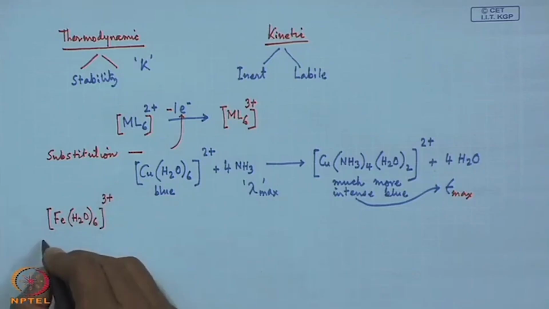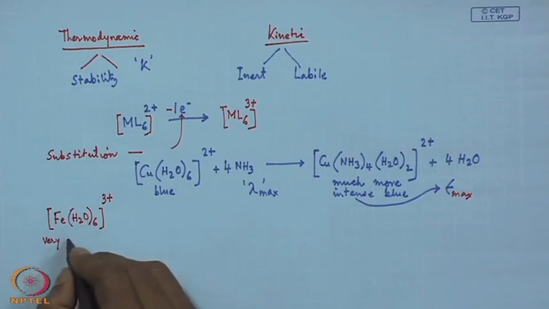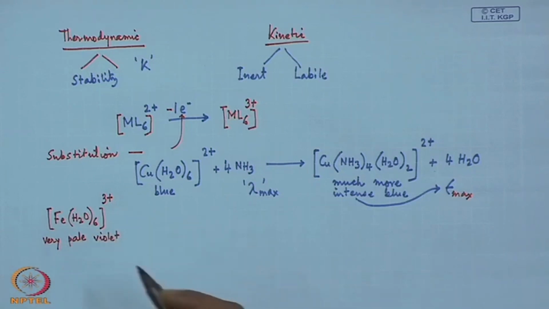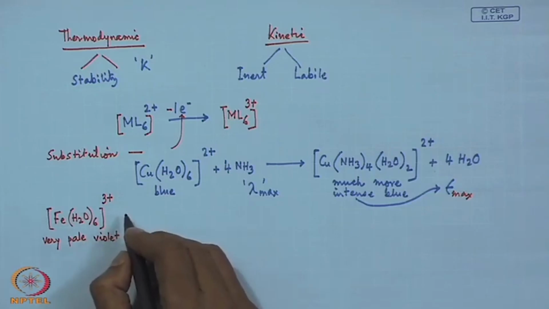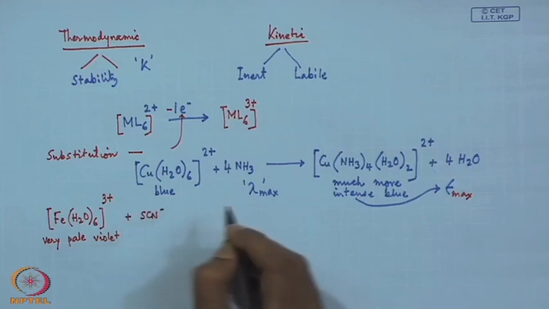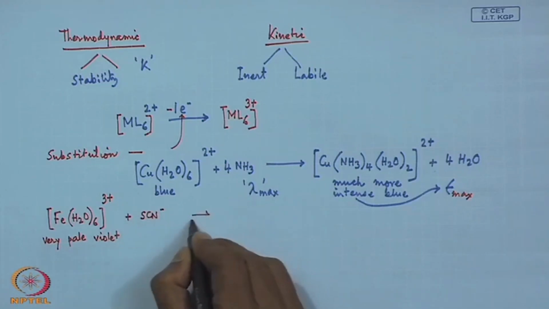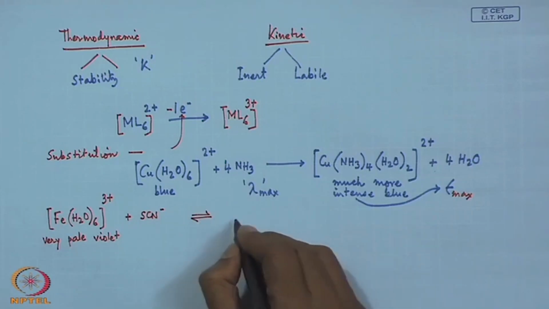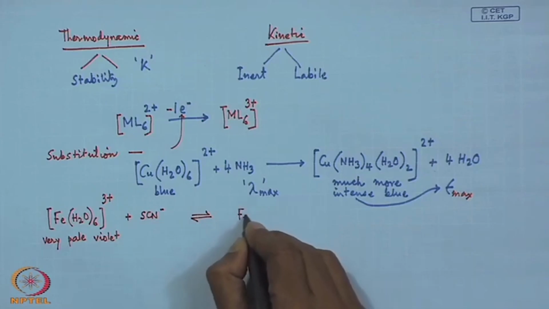It has a very pale violet color, very light, which when it reacts with thiocyanate anion, this reaction is in true sense reversible in nature.